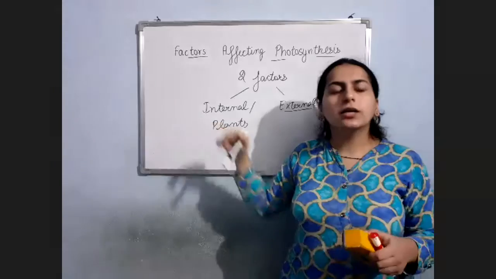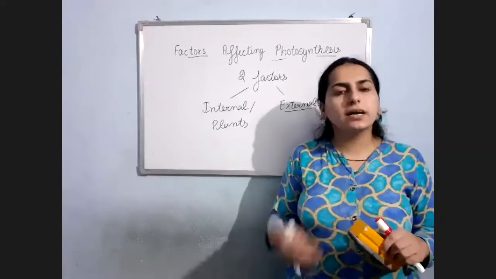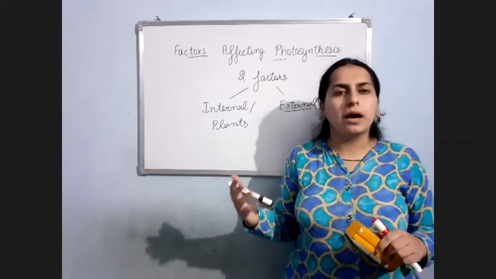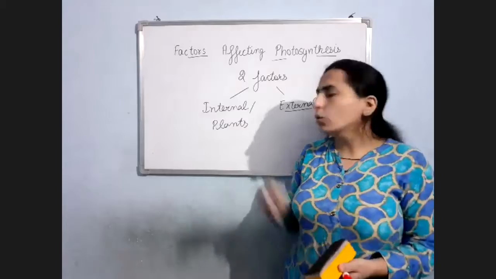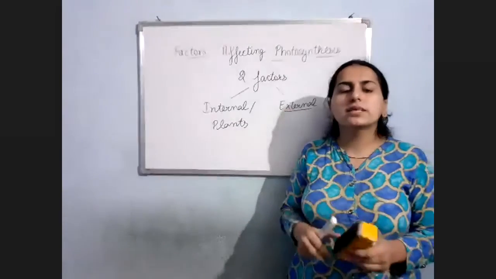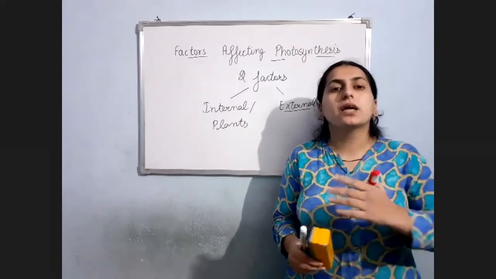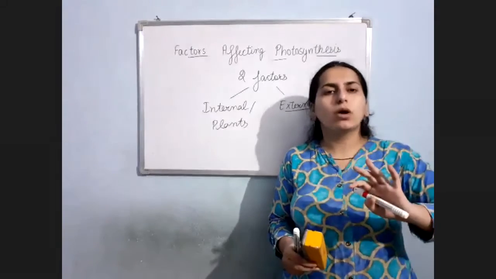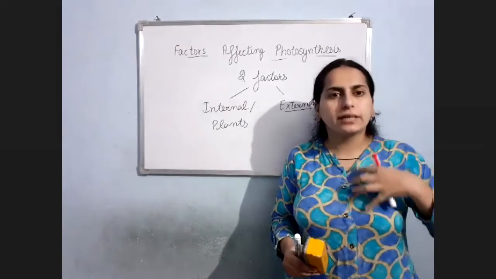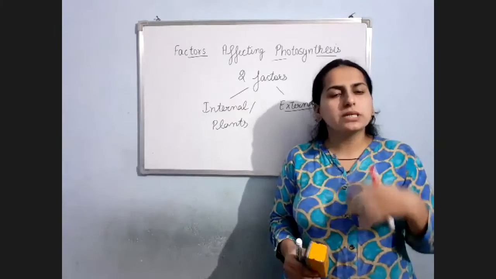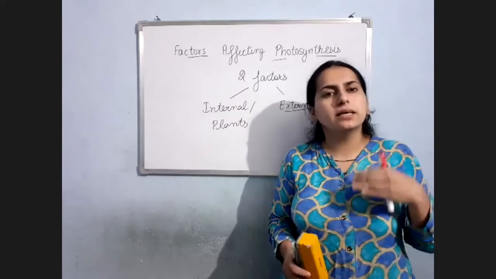They are due to the genetic makeup of the plant. Am I clear? And if I talk about the external factors, external means the factors that are present outside the plant body and they are affecting the photosynthesis which is being done by the plant.